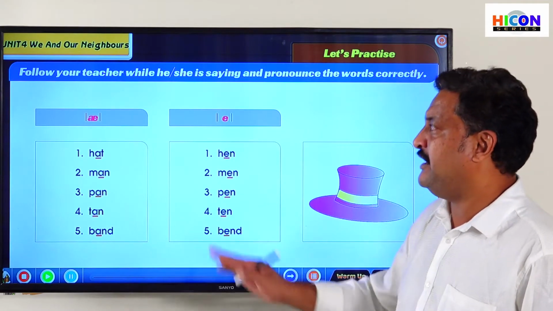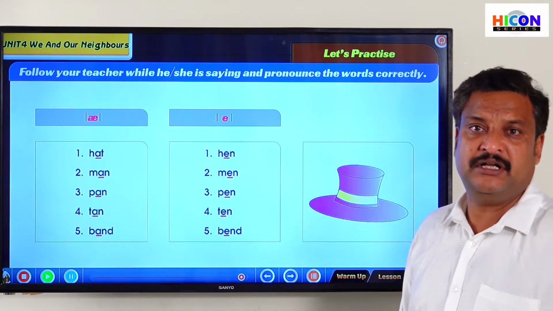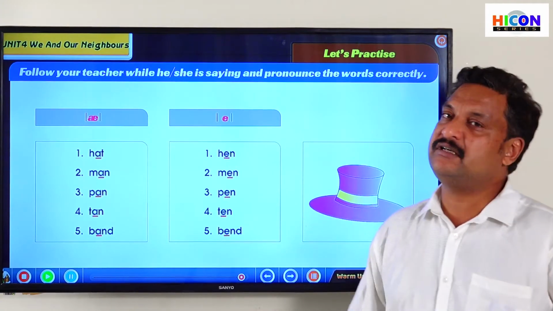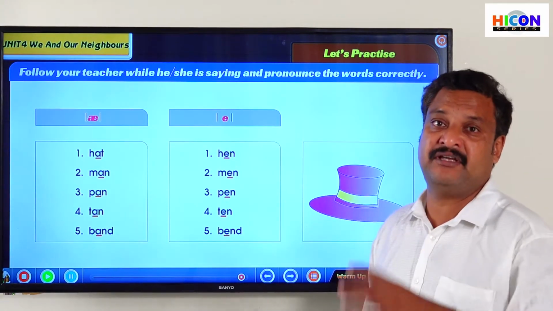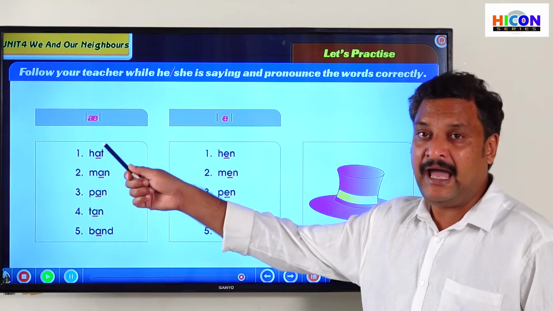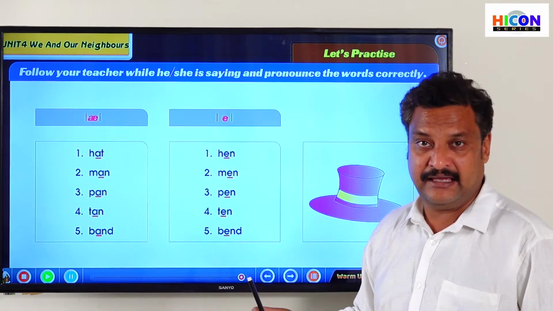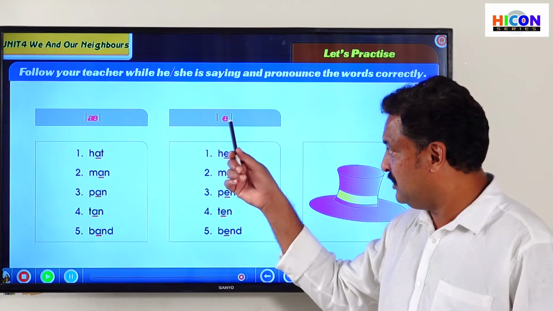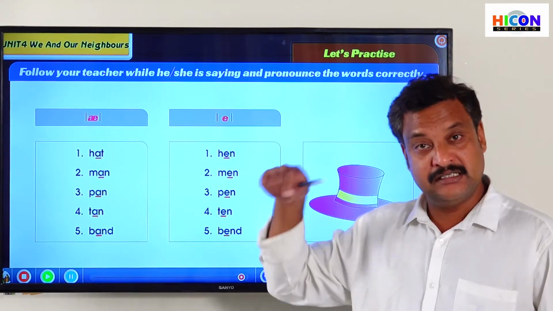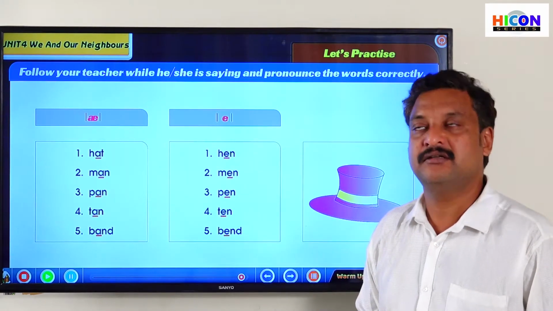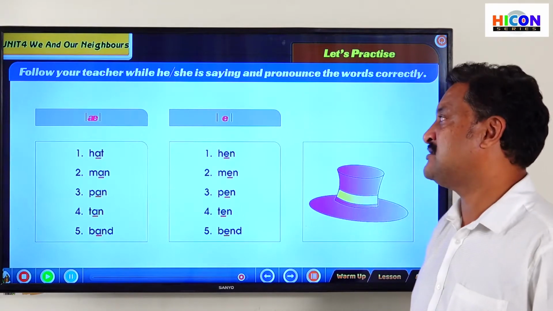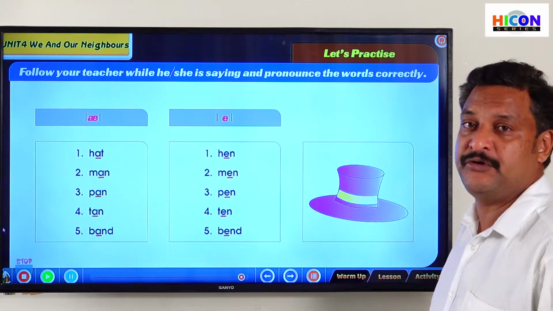So I will keep the screen for another minute so that you can practice these words again. Be very specific with the sounds. This is a, this is a. Okay, the sound is a, not the letter name. Right? Okay. So look at the screen for a minute.